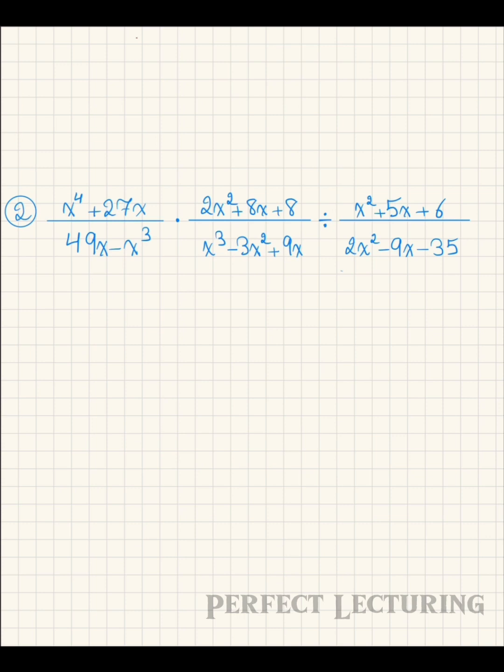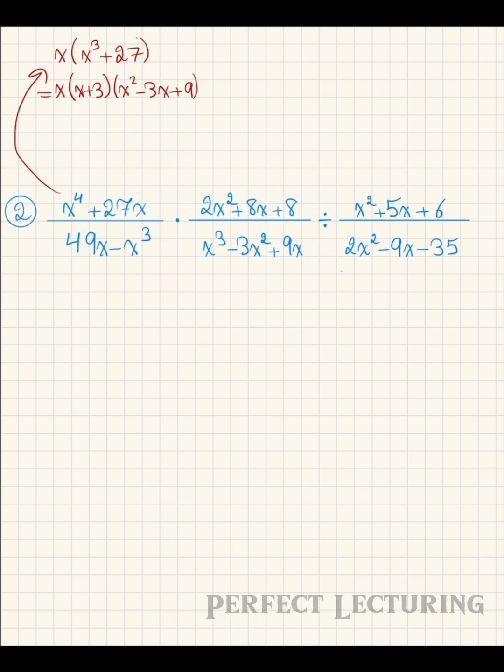All right, so in x to the power 4 plus 27x, we factor x first, and this becomes x to the power of 3 plus 27. 27 is 3 cubed, so this is a sum of 2 cubes, which means it is x into x plus 3 into x squared minus 3x plus 9. Again, I explained all the cases of factoring polynomials in a previous video.